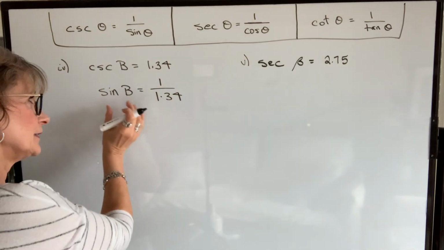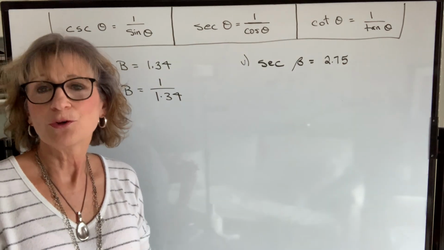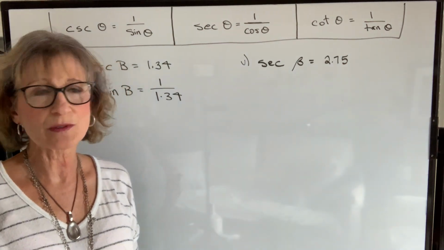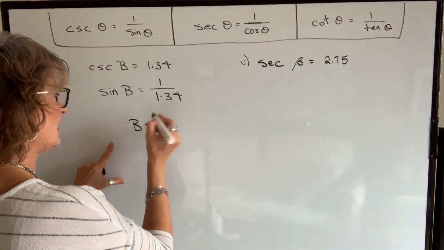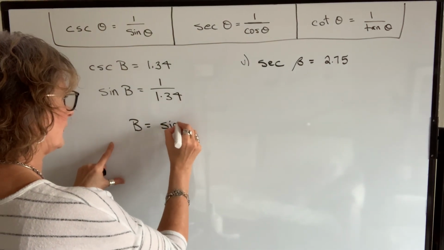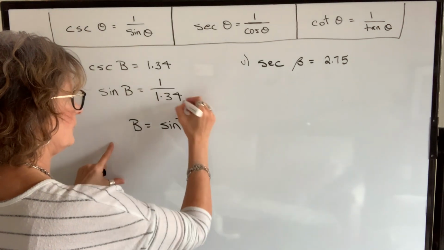Now that I've got it in terms of sine, now I know what to do because I did it in the last examples. I'm going to isolate b by taking the inverse sine function of this ratio.